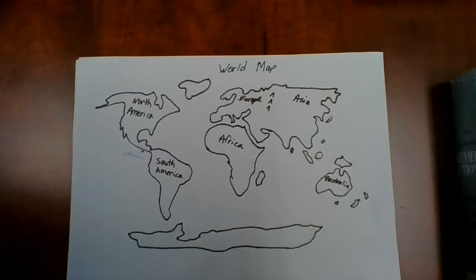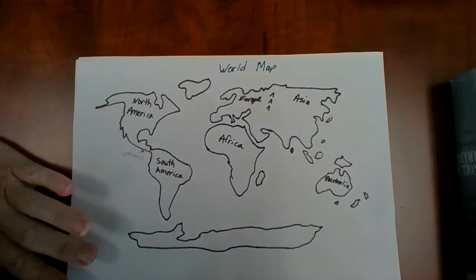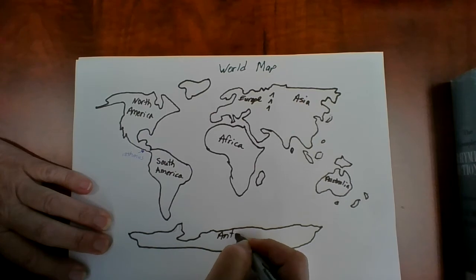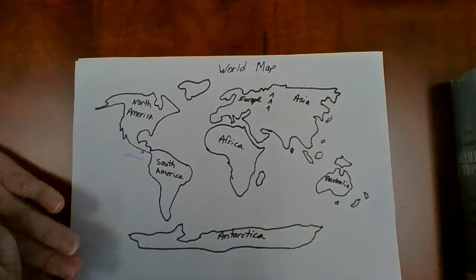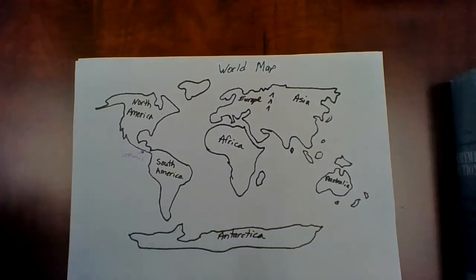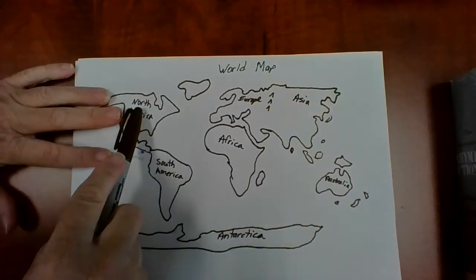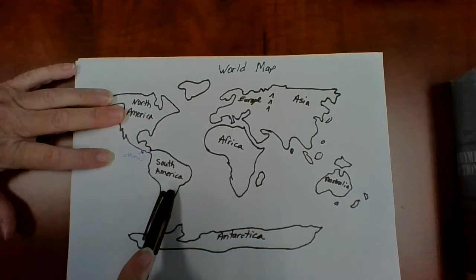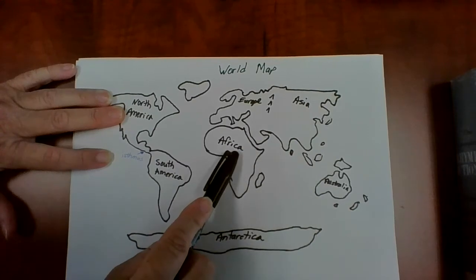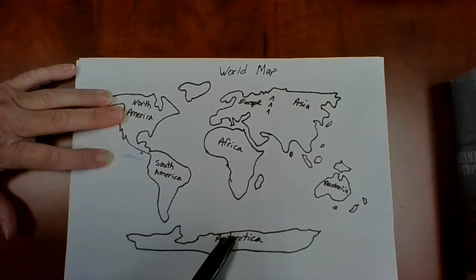We have a research station, and there are scientists who stay there to study Antarctica. So Antarctica. But no one permanently lives there. Okay, so we have our continents: North America, South America, Europe, Asia, Africa, Australia, Antarctica.